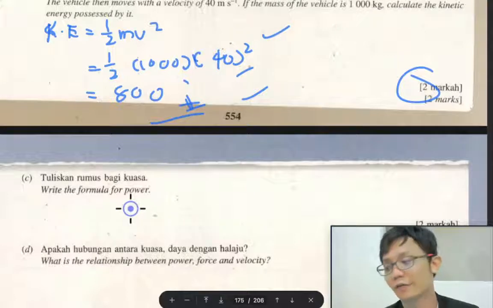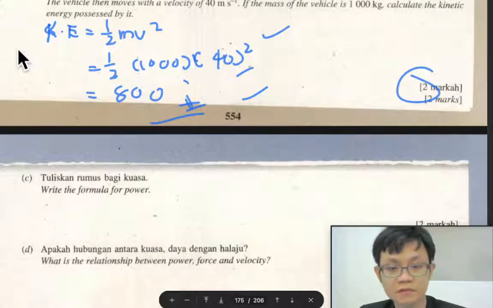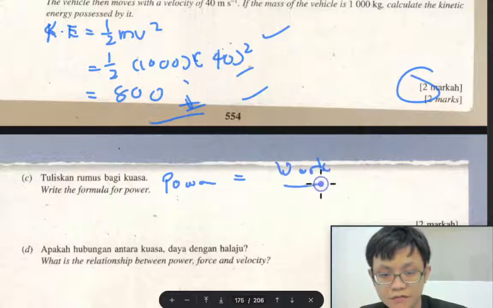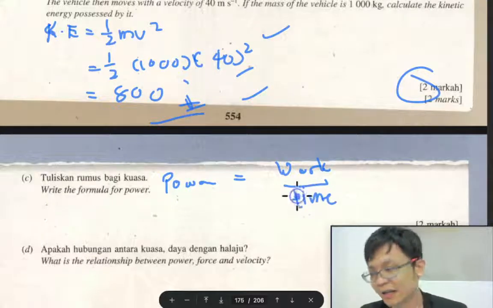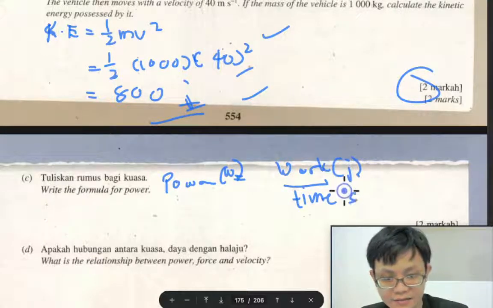Write the formula for power. What is the formula for power? Okay, power equals to work divided by time. But I like to write the unit so that I won't confuse. So usually I will just put W, watt, work is Joule, time is s.